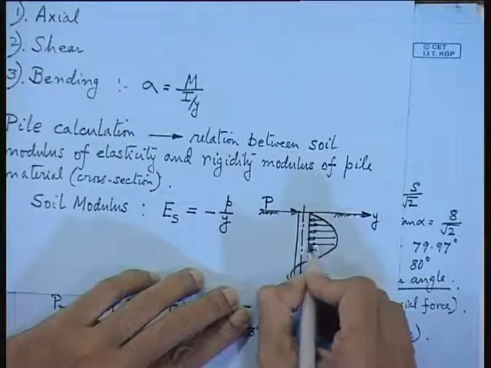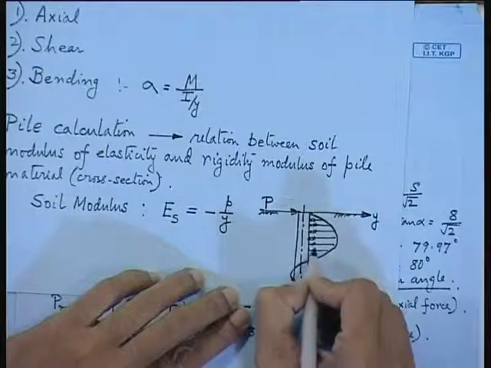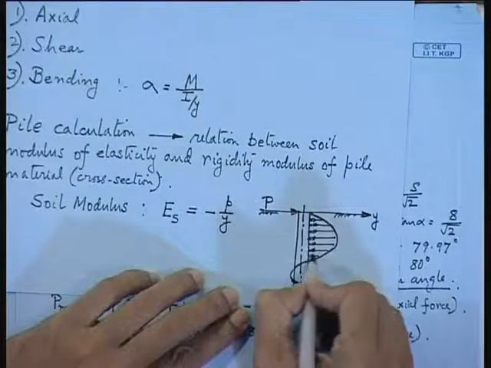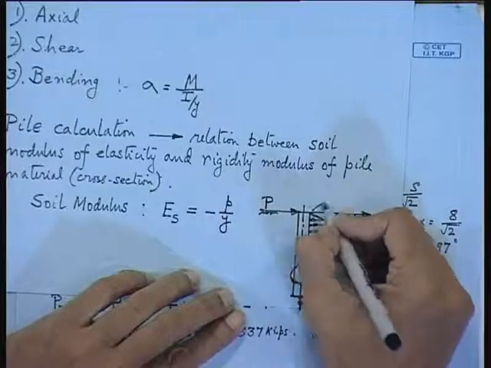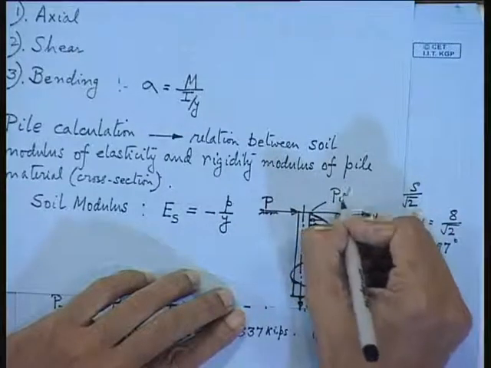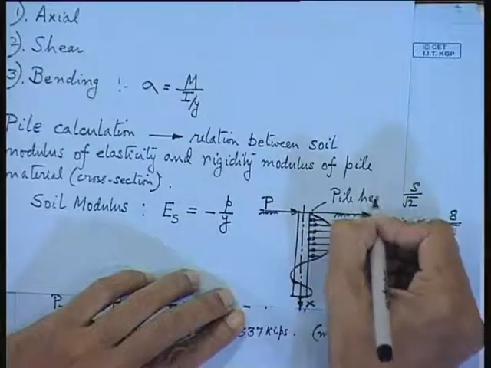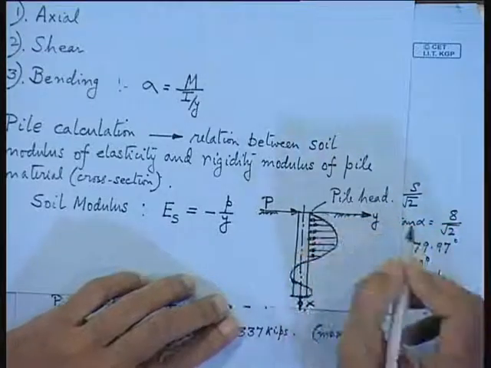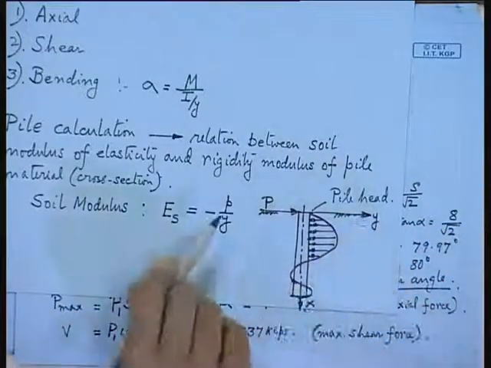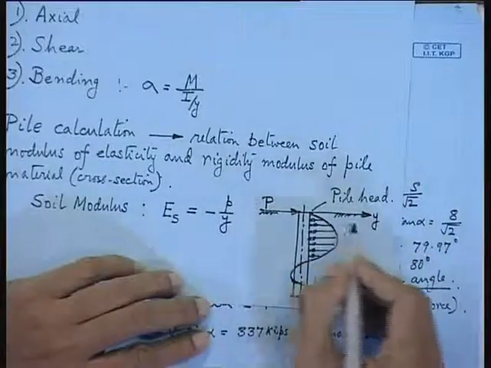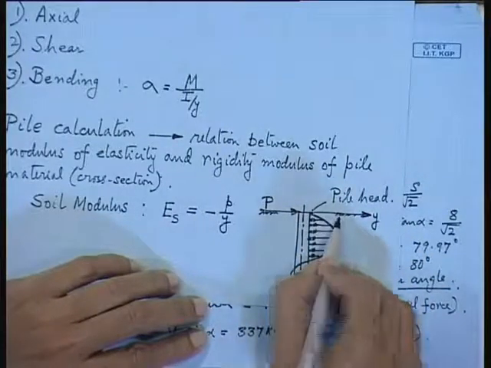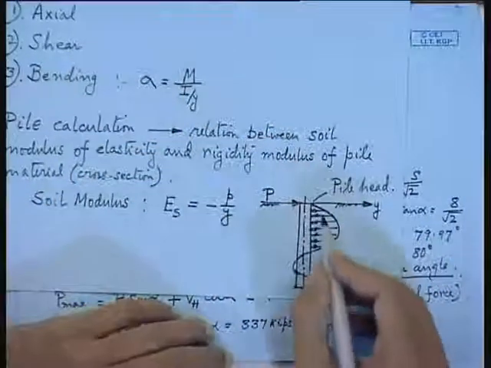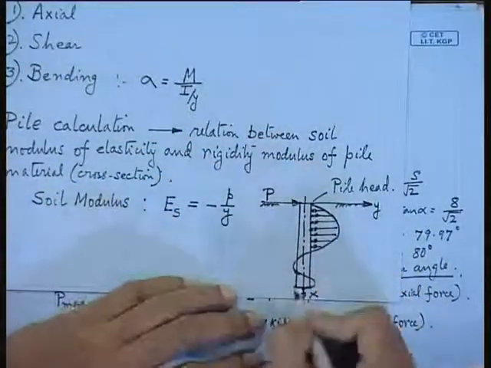Now, as you go deeper down, you will find that this force is decreasing. This is normally called a pile head. If you push the pile to the right-hand side, you will be pushing more soil at the surface, but if you go deeper down, you will find lesser soil will be shifted.